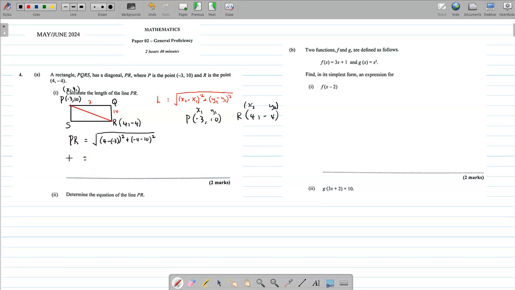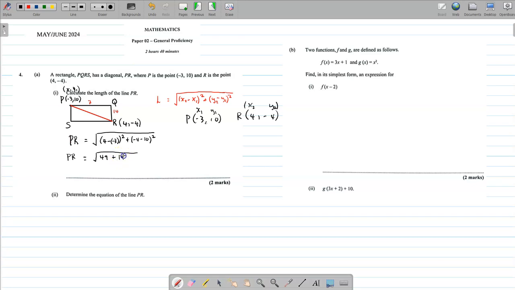Upon simplifying this, PR would equal 7 squared, which is 49, plus minus 14 squared, that's going to be 196.